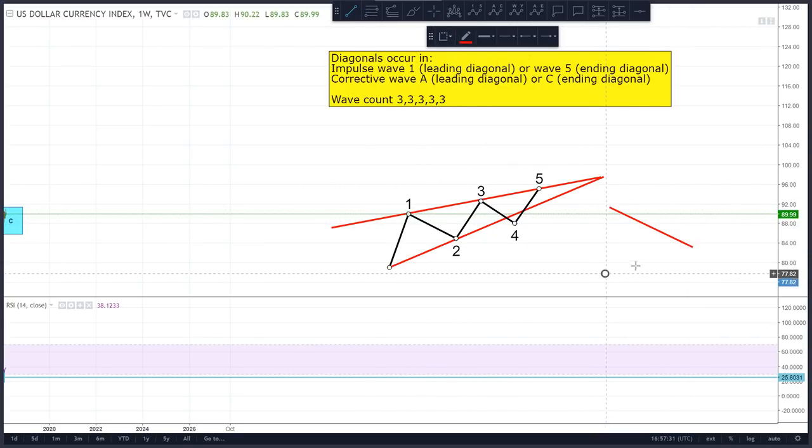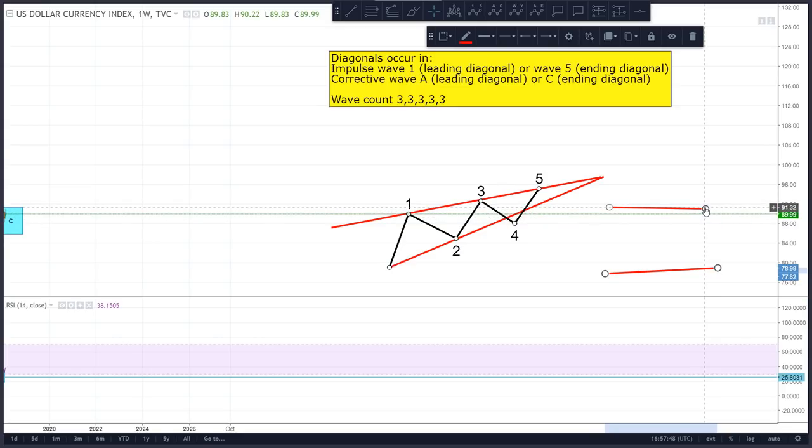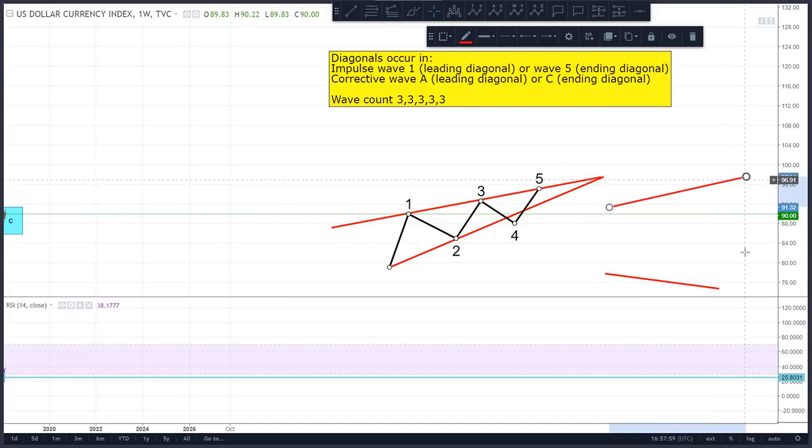In a triangle, both lines are coming together, well, one's going up and one's going down, or one is flat and the other one is rising, or one is coming down and the other one is flat. As soon as both lines are going down or up, it becomes a diagonal. So that's a diagonal. That's a diagonal. That's the differentiation.